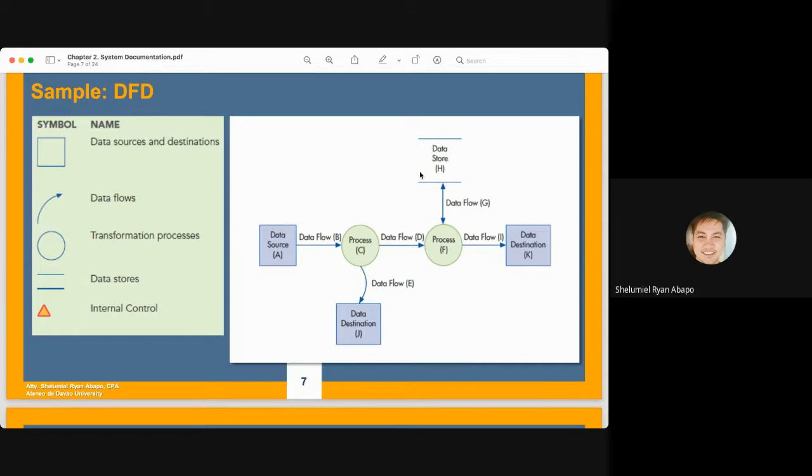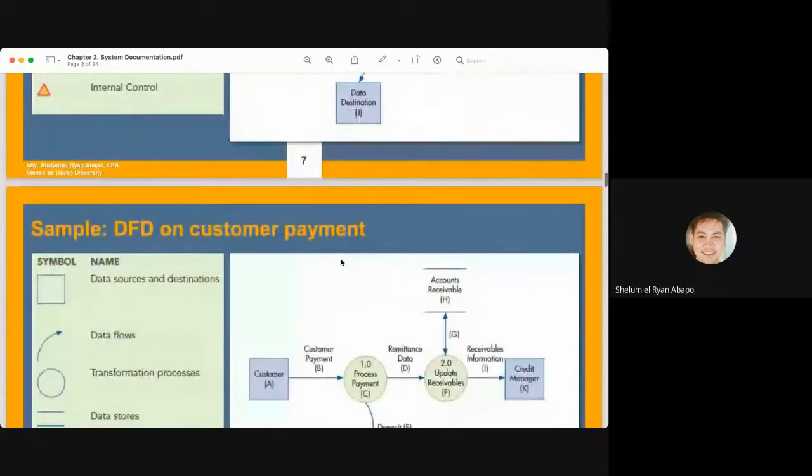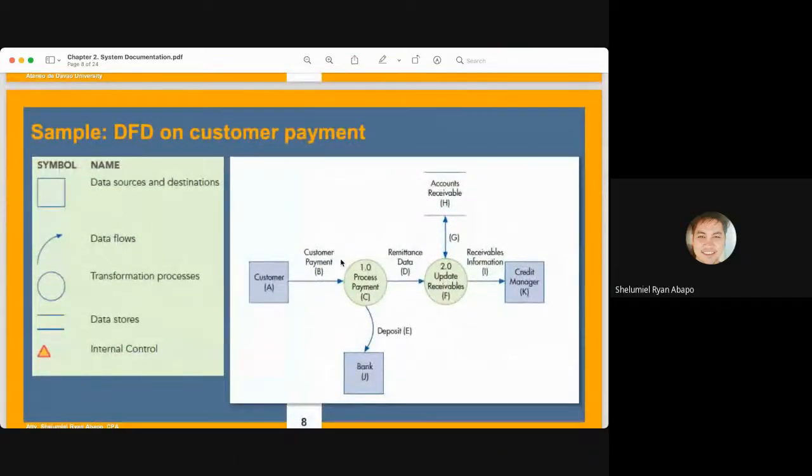That's why there are two parallel lines there, right? That's an example of a top level data flow diagram. Now, let's check a data flow diagram with respect to a customer payment.